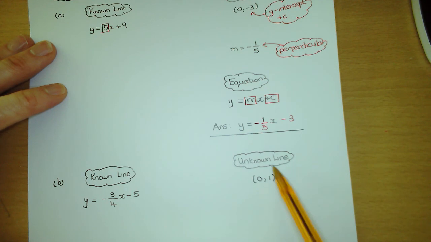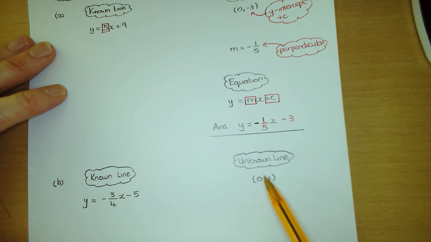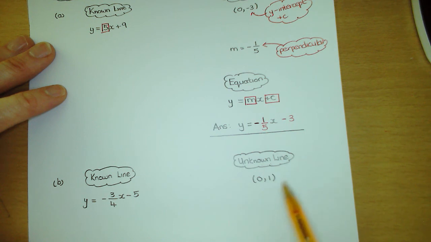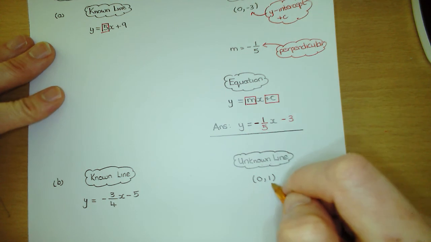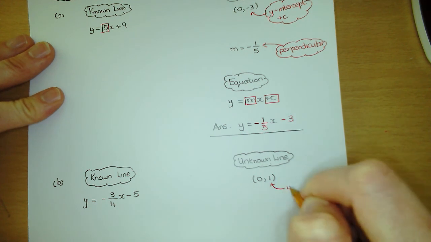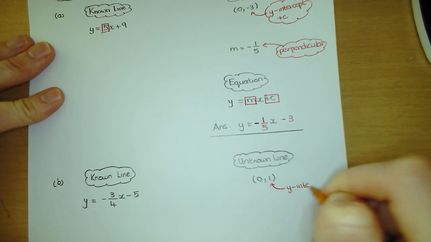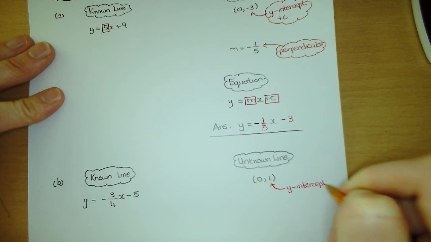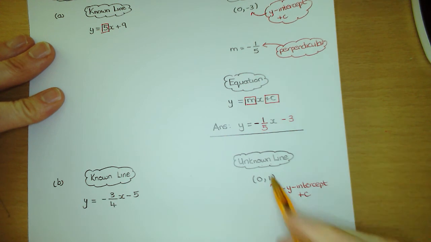This point lies on the unknown line, and this point is also on the y-axis, because if you were to plot this point, you would move along the x-axis nothing and then move up the y-axis to 1. So the line cuts the y-axis at this point, and it therefore cuts the y-axis at 1. So the y-intercept plus c is just 1 here.